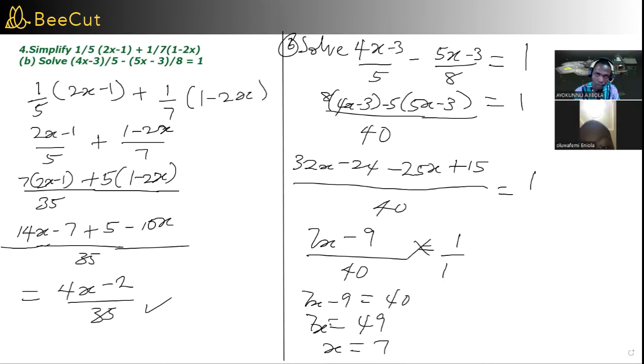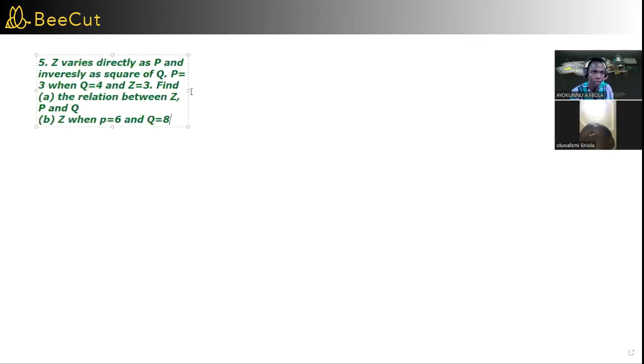So, get rid of that as I bring forward the last question, number 5. I'm clearing the screen now. Number 5 is also on variation.